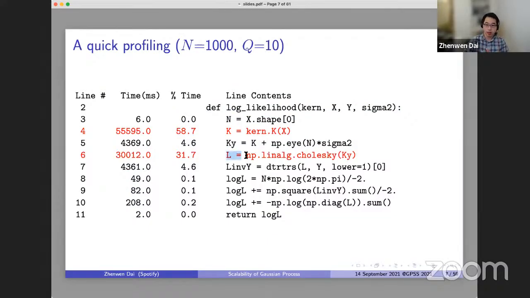It's unsurprising that the Cholesky decomposition is expensive because we know it's n cubed, and this line is doing the Cholesky decomposition of the covariance matrix. We also notice another expensive part is the covariance matrix calculation. It takes a high percentage of the computation time for two reasons.